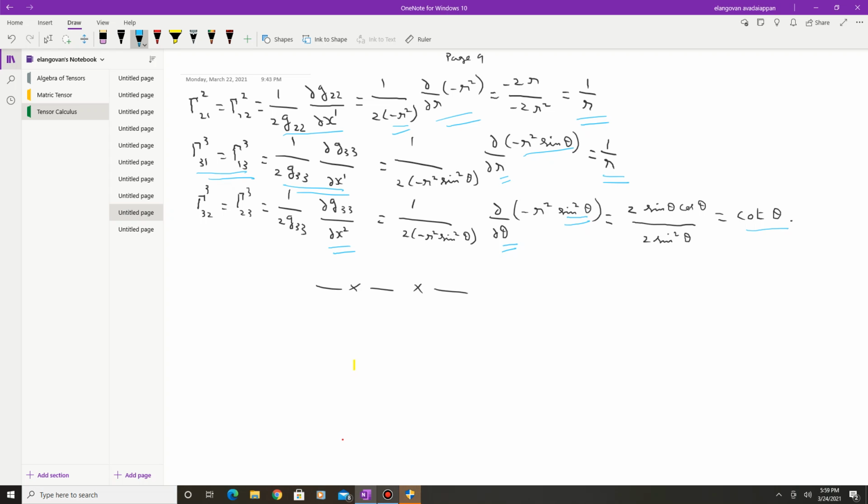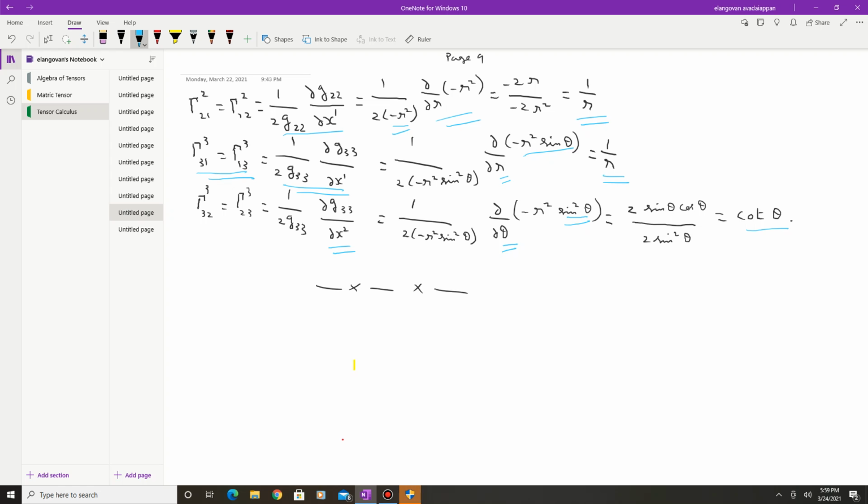So in this lecture we have demonstrated, we first gave the definition of the tensor. This is tensor calculus. We are finding the differentiation of a tensor with respect to a coordinate. And then we defined the Christoffel symbols of the first and the second kind.